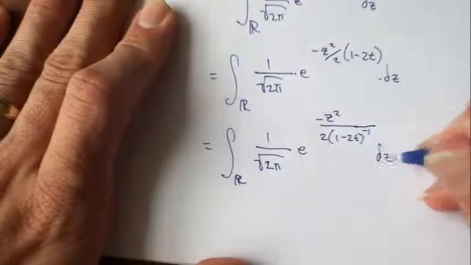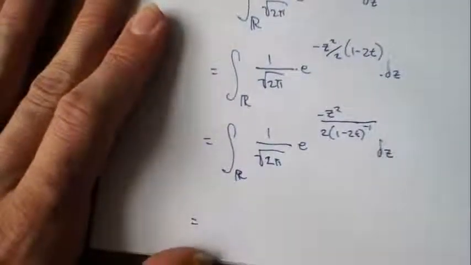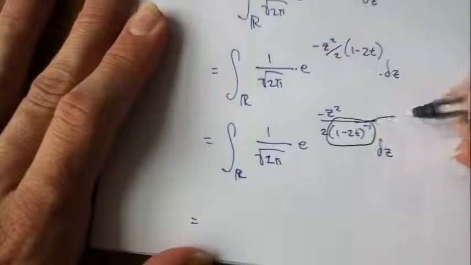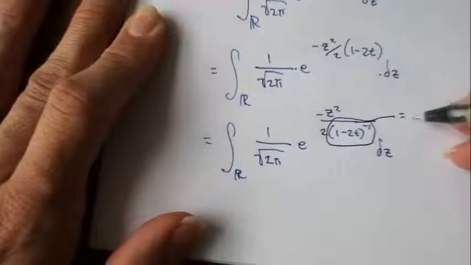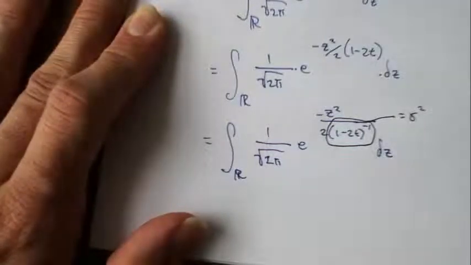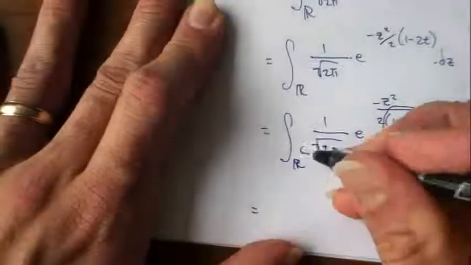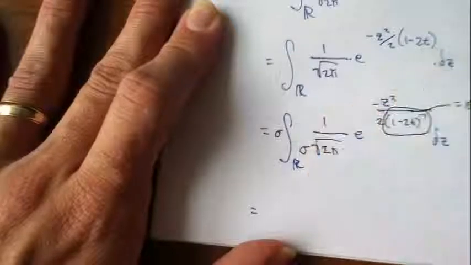In the normal density, all that stuff right there is equal to the variance, so I'm going to set that equal to the variance. But now I need to also put a sigma over here, the standard deviation, and also here. So I'm multiplying and dividing by sigma.